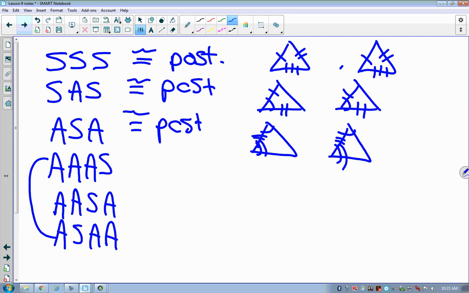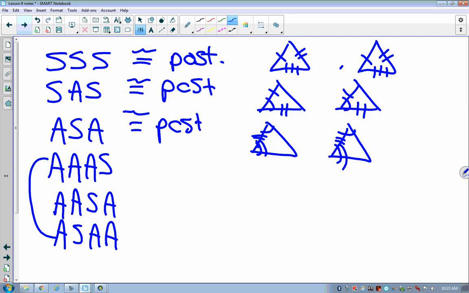What is common about every single one of these? Not all of them have three angles. In fact, the first one doesn't even have an angle. They all have at least one side.